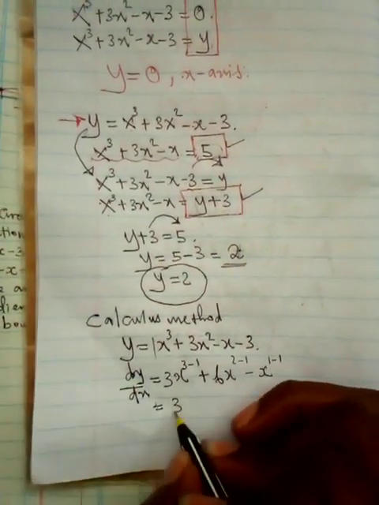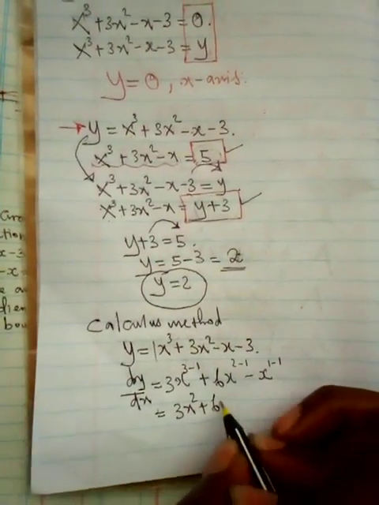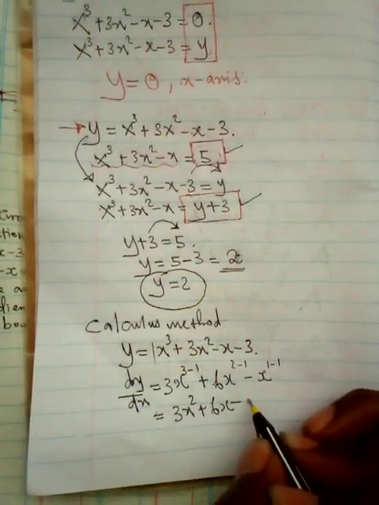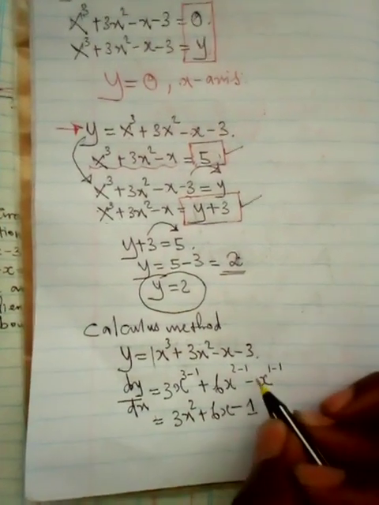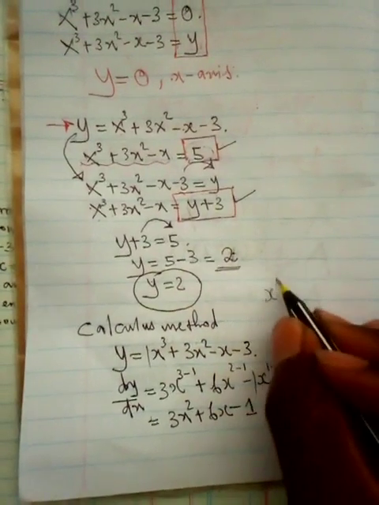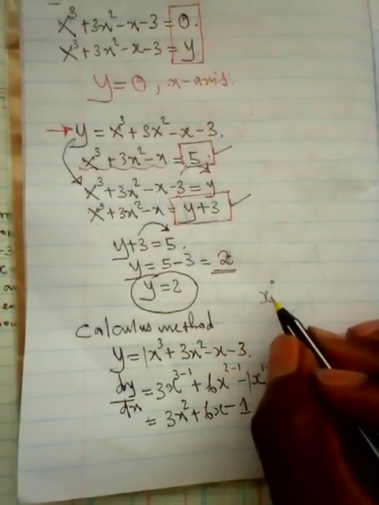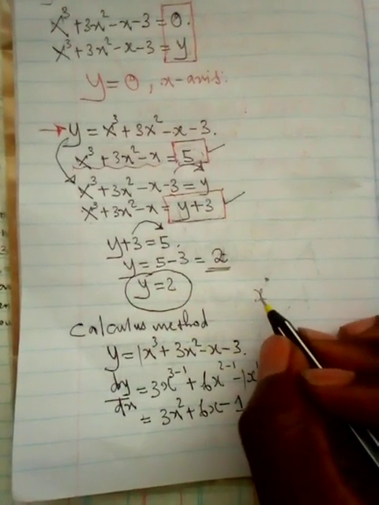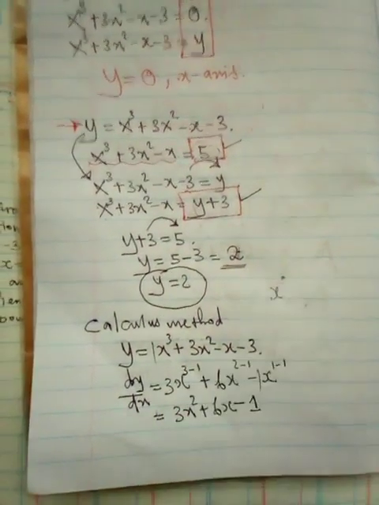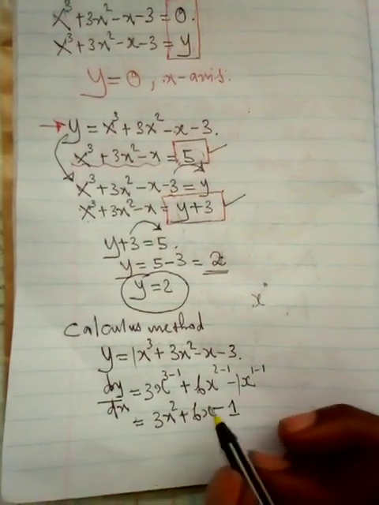So this is going to be 3x squared plus 6x minus 1. 1 minus 1 is 0, so this is x to the power 0. Any letter raised to the power 0 is just 1. So your dy dx is going to be 3x squared plus 6x minus 1.